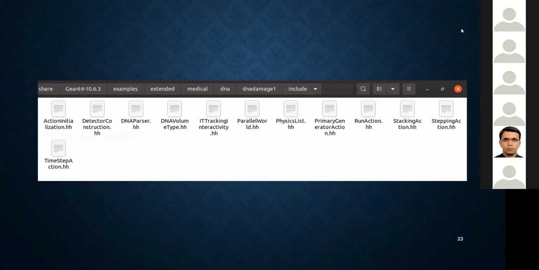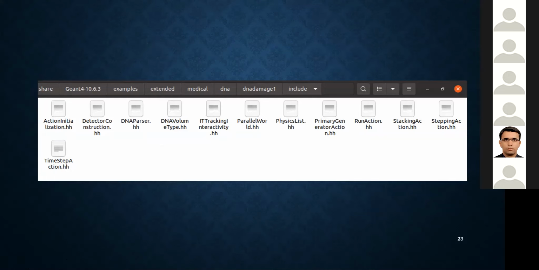Geant4-DNA is just an extension of Geant4. We still have the same classes that we need in a Geant4 simulation: the action initialization, the physics list, the run action, the detector construction, all that.